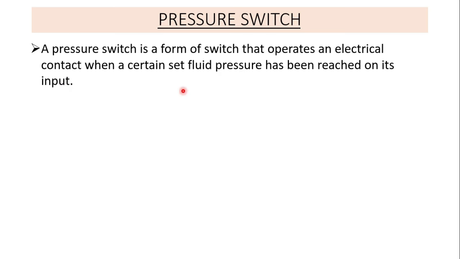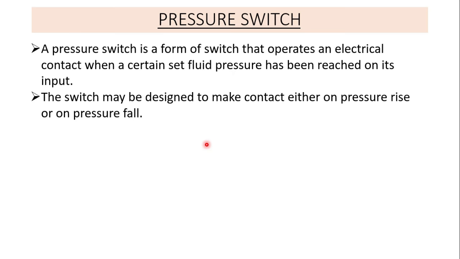As per the set value of the range, the switch can operate its electrical contacts. NO becomes NC and NC becomes NO, that is normally open and normally closed. The switch may be designed to make contact either on pressure rise or pressure fall.